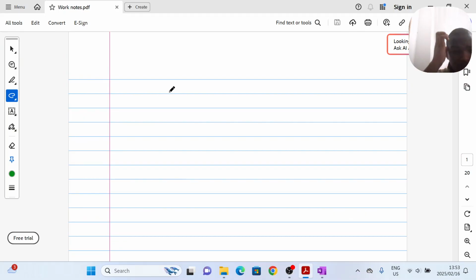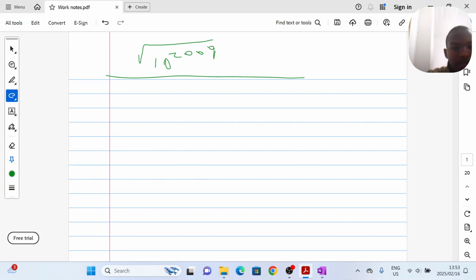So the question was, we want to find the exact value of 10 raised to the exponent 2009 divided by the square root of 10 to the exponent 2011 minus the square root of 10 to the power 2007.